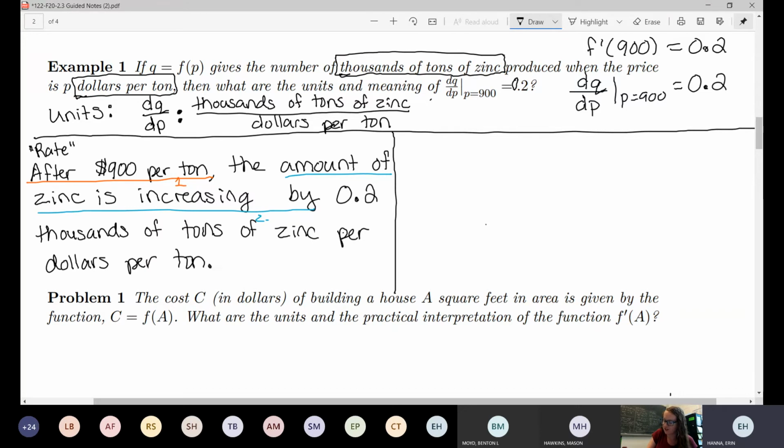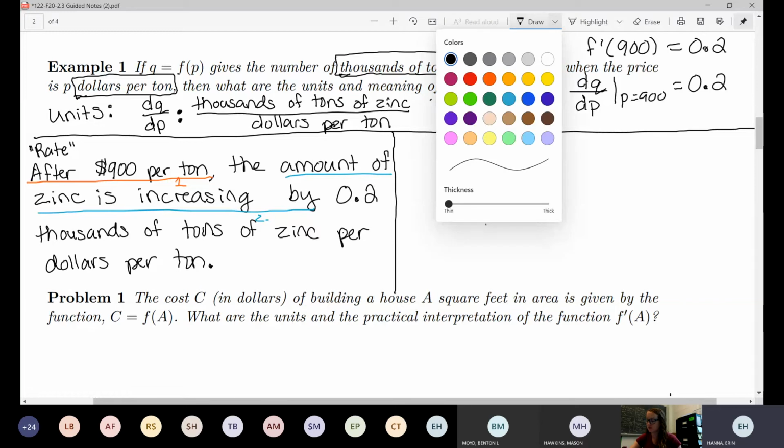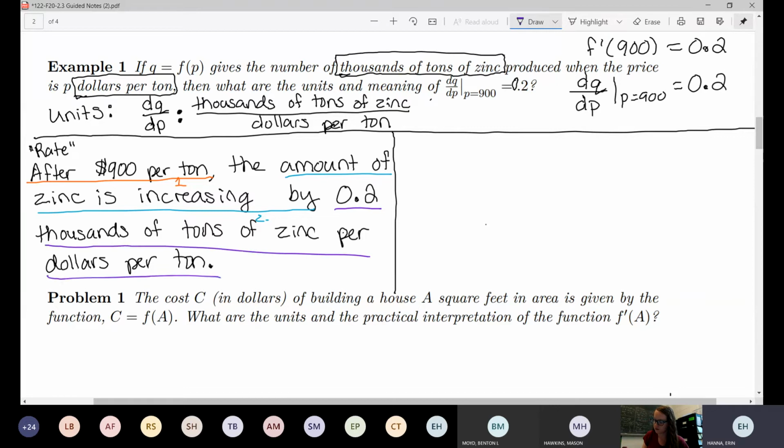And again, really strange units on this one, but gets the point across, hopefully. So this would essentially be step 3. Does that make sense?